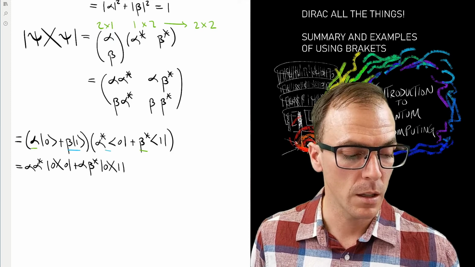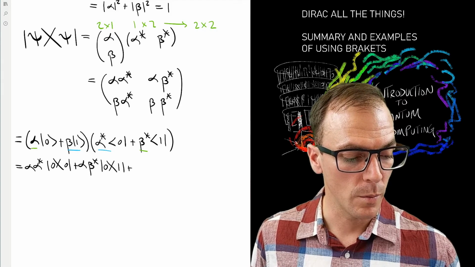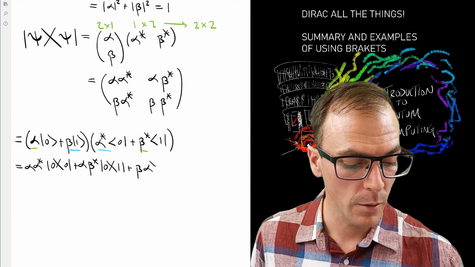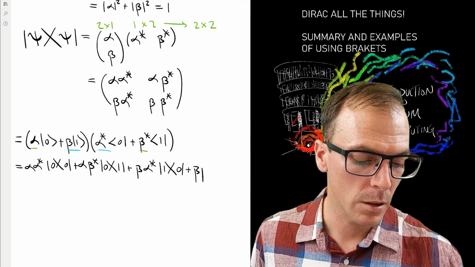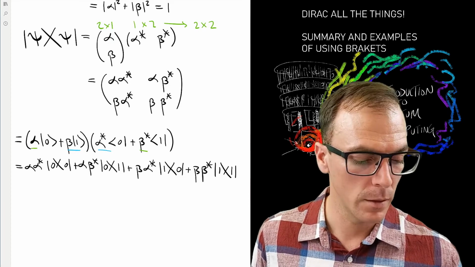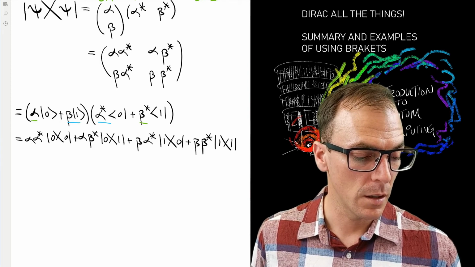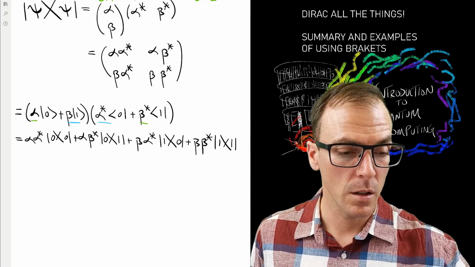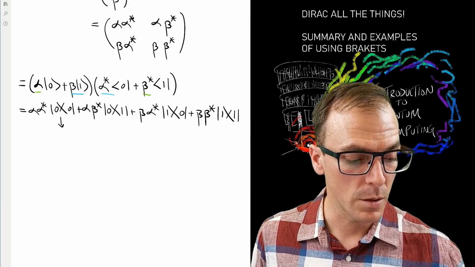Now we're going to look at the beta term that's in the first one. So we'll have beta alpha star times those two Dirac notation objects, the ket and the bra. Beta alpha star, 1, 0, and then the final term, beta beta star, 1, 1. Okay, so notice that we have all of the same coefficients here, and if we had done the calculation of each of these things individually, we would see that everything lines up.